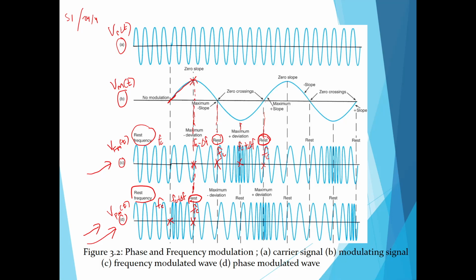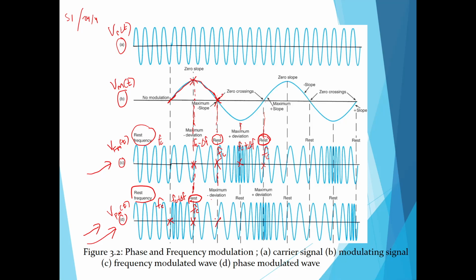Okay, and then the input message moves from the positive peak towards zero crossing. Once it reaches zero crossing, this is the movement from positive towards negative, and the critical change happens. The output signal would be at maximum negative variation.